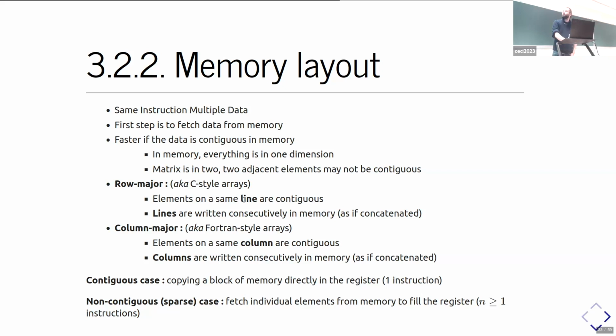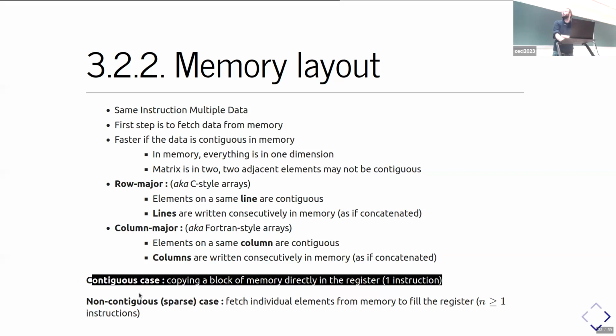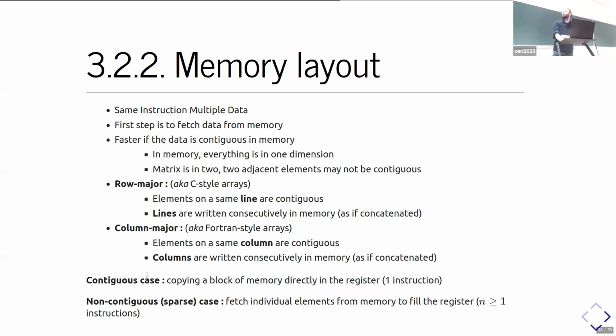So in Python, this is a kind of consideration you shouldn't have, but if you know about this, you can gain some time. The nice thing about numpy is that you can specify it. Here are the different cases. The contiguous case is when you can load one block of the memory in a single instruction. Non-contiguous is when you have to find them wherever they are in the memory.